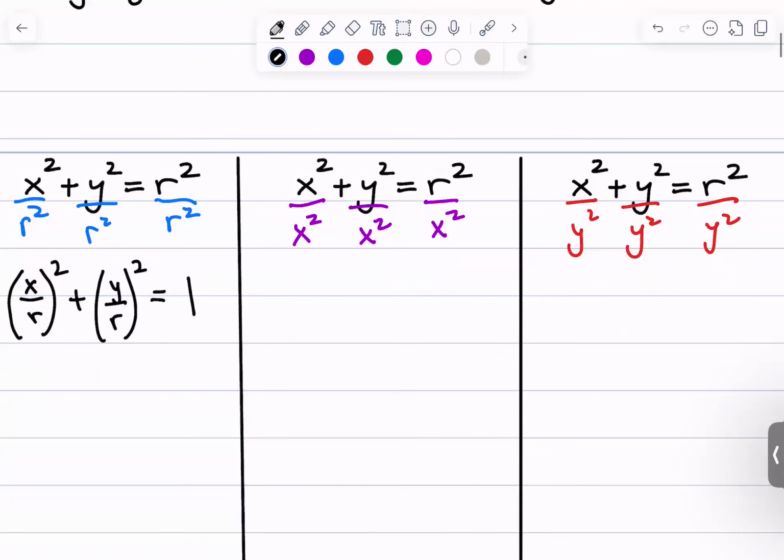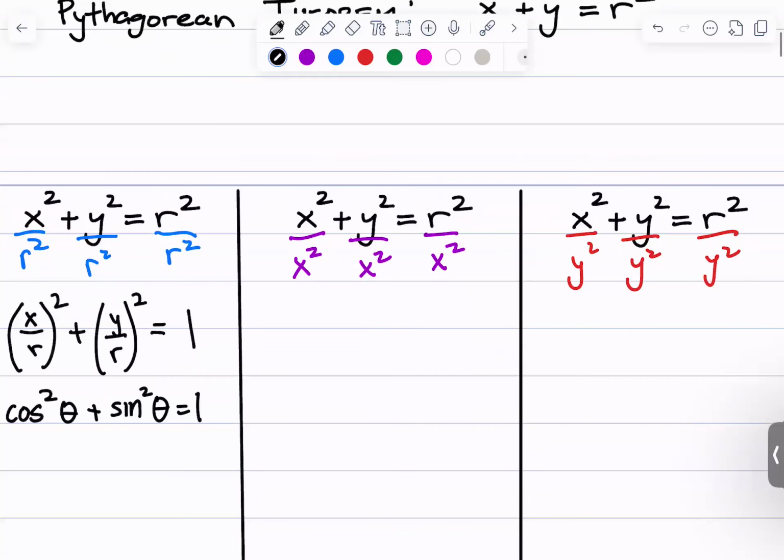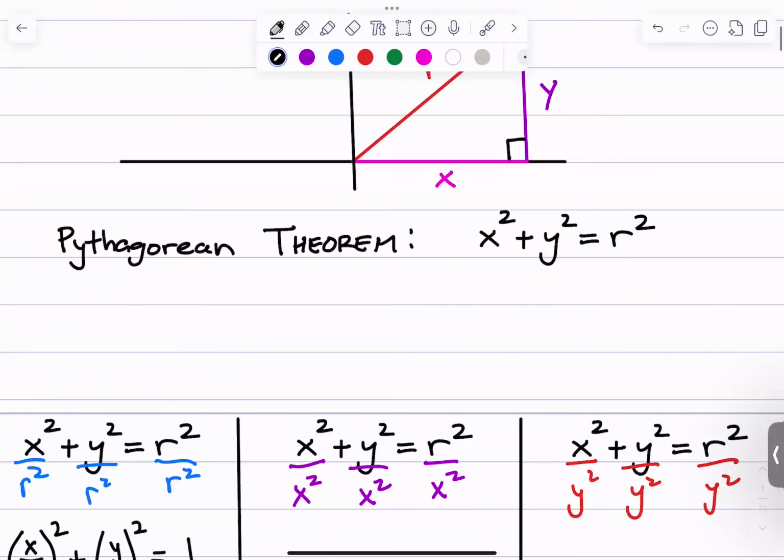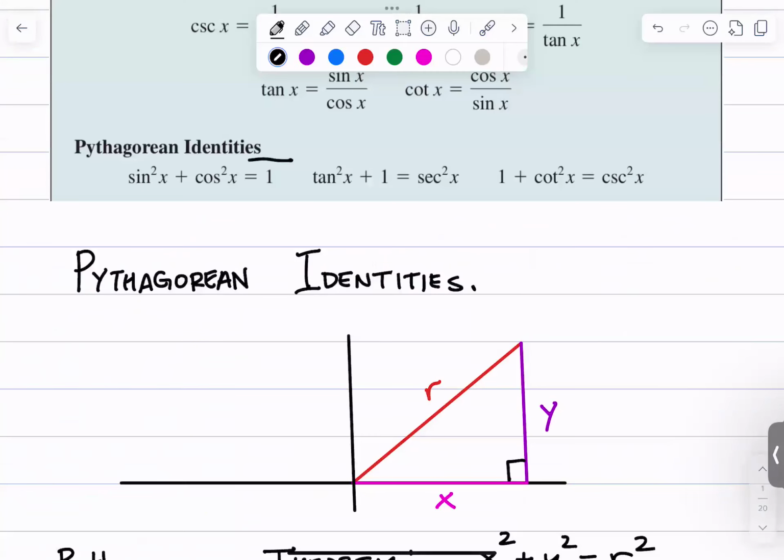So what is x over r? X over r is cosine squared theta plus y over r is sine squared theta equals 1. So this one, cosine squared plus sine squared, or sine squared plus cosine squared equals 1, is this first one here.